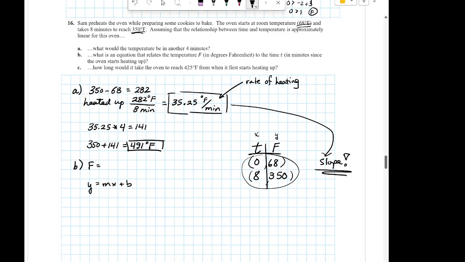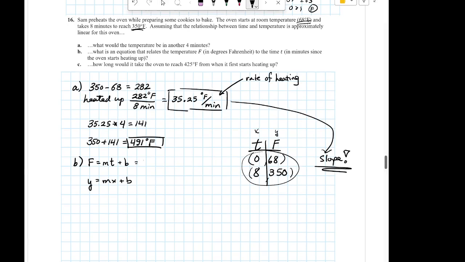In this case, it's F equals mT plus the y-intercept. And the m is the 35.25. And the y-intercept is 68, because that's where we started. So here's one way of coming up with that equation, right?